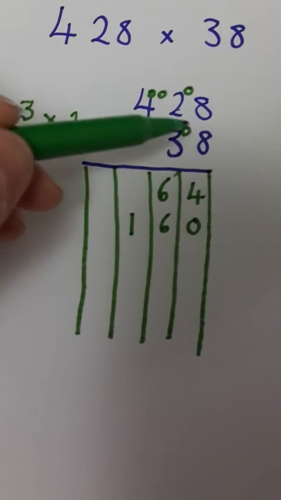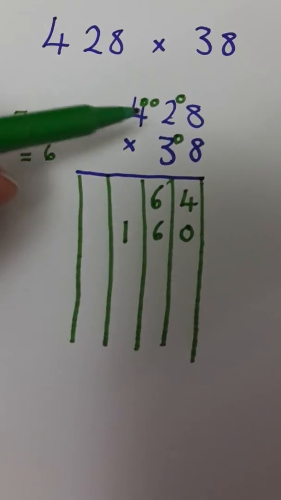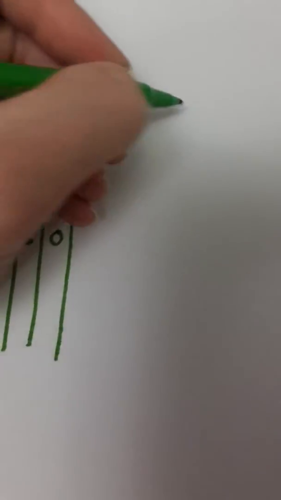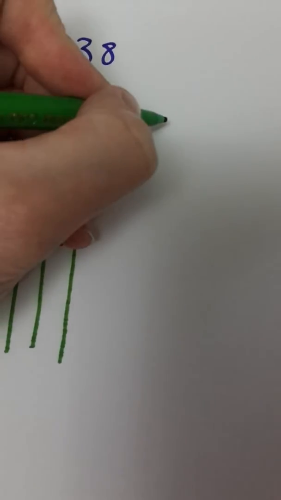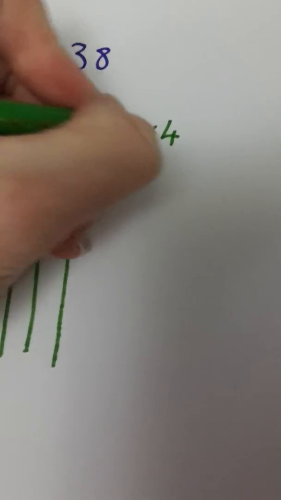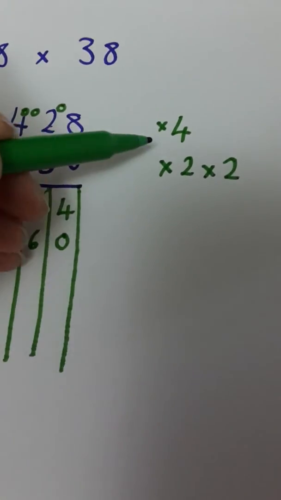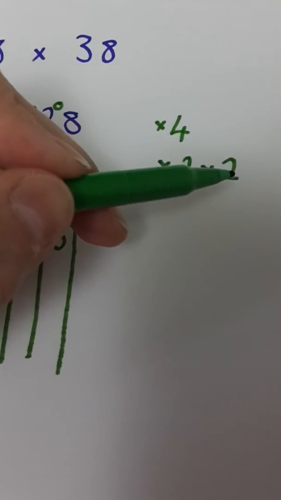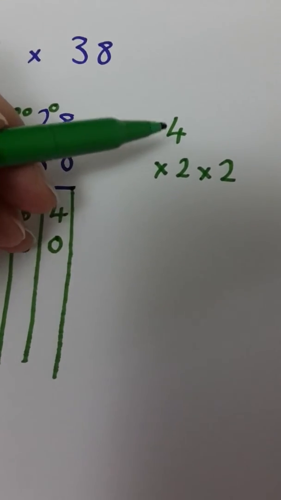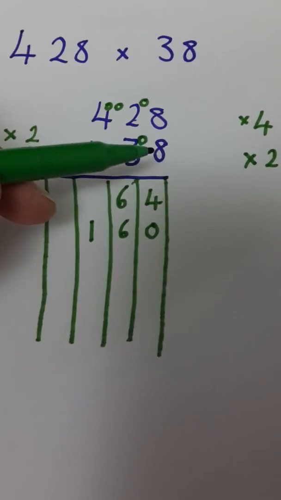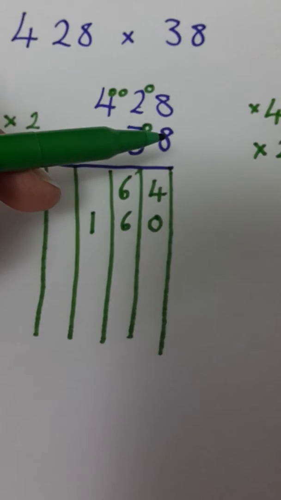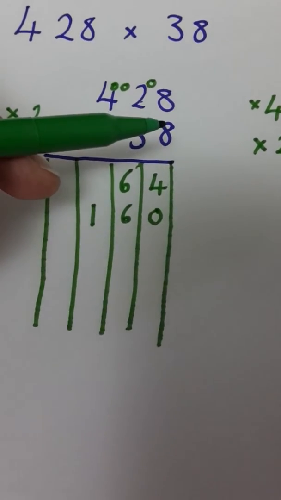Next, what I'm going to do is 8 times 400. Now, one really good way of multiplying by 4 is to times something by 2 and then times it by 2 again. So doubling something and doubling it again gives you the same as 4 times it. So here I'm going to times 8 by 2 and then times it by 2 again.